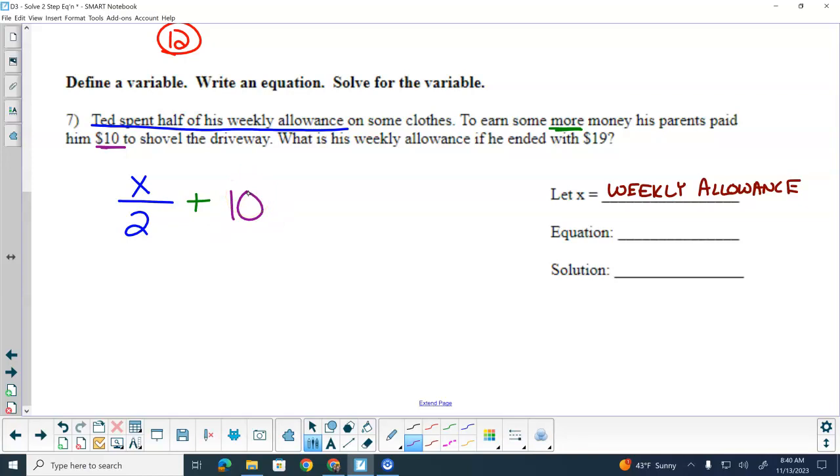At the end of the day, how much money is in his pocket? $19. That is your equation. You have to come up with an equation first, because otherwise you've got nothing to solve.